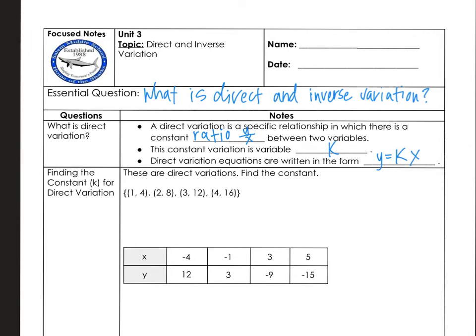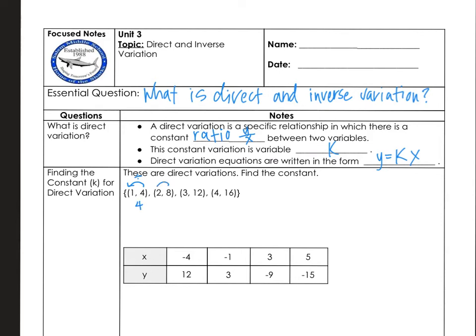Okay, so this may seem very foreign to you, and that's okay because we're going to walk through it. So, finding the constant k for direct variation, how we do that is by taking the y value and dividing it by the x value. So, if we take the y value 4 and divide it by the x value 1, we get 4.